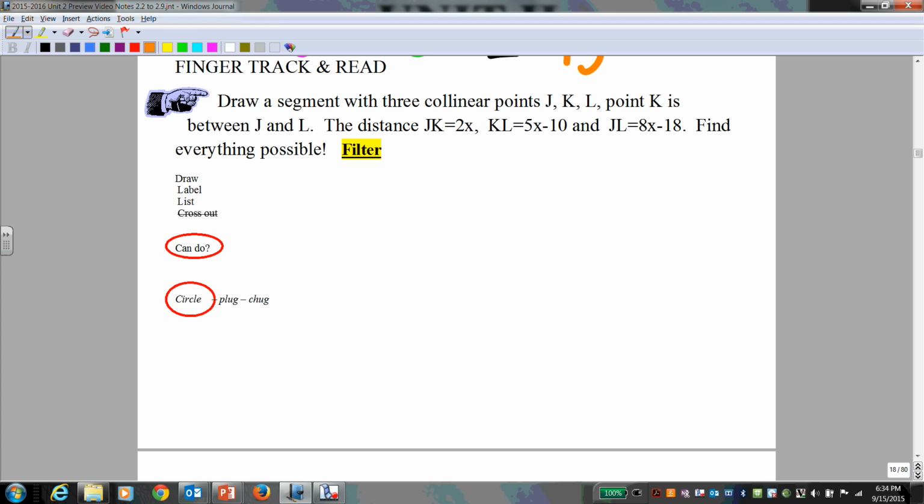The distance JL is 8x minus 18. Find everything possible. I want you to take a moment and to the best of your ability, try to draw and label this yourself. Don't do anything with it. Just draw and label it yourself, and then restart the video. Pause.